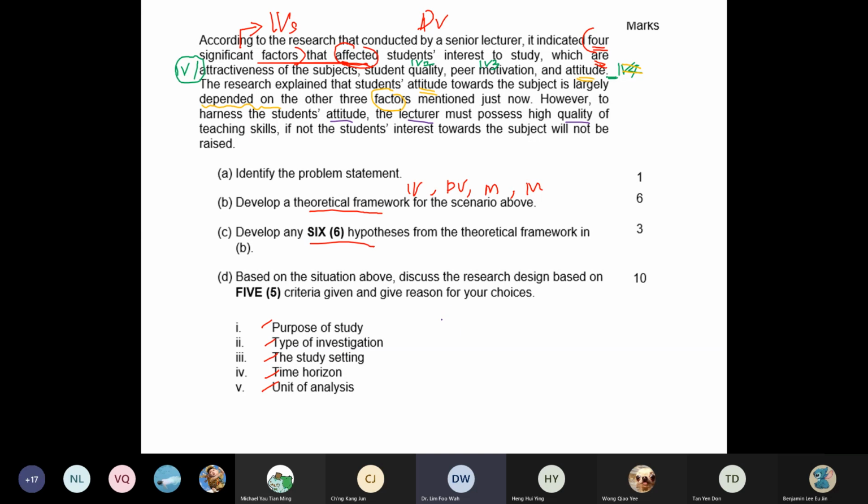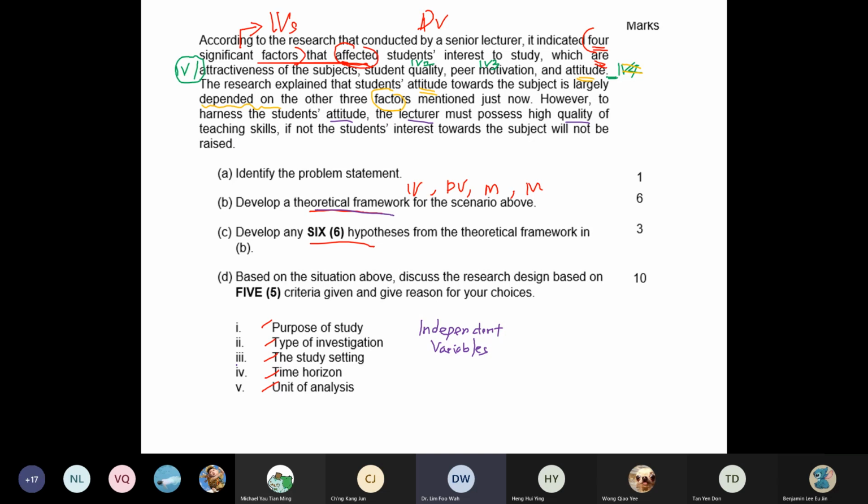Okay, basically, I repeat again. I think just now something went wrong with the screen also. Usually when people want to draw a research framework, or a theoretical framework, we will have the independent variable.